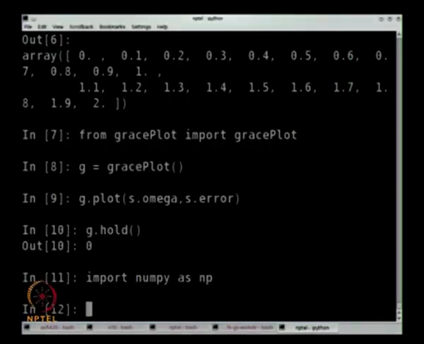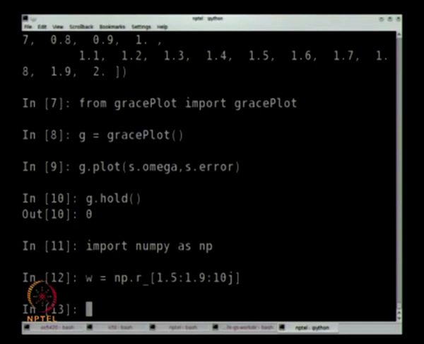so I say omega, I will say W equals np dot, I will create a vector, the syntax is very similar to mgrid, from 1.5 to 1.9, and maybe we will take 10 samples instead of 20, okay, 10 samples, and I will create another SOR solver and pass it this omega.